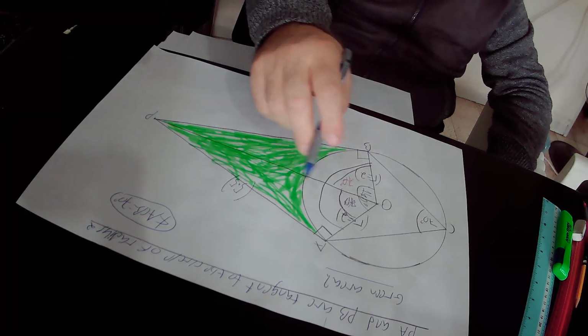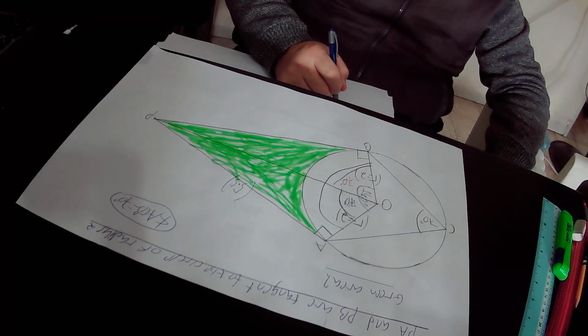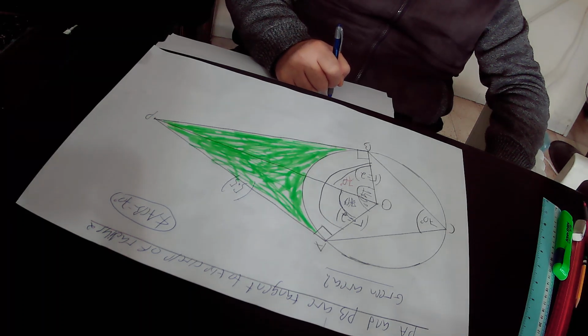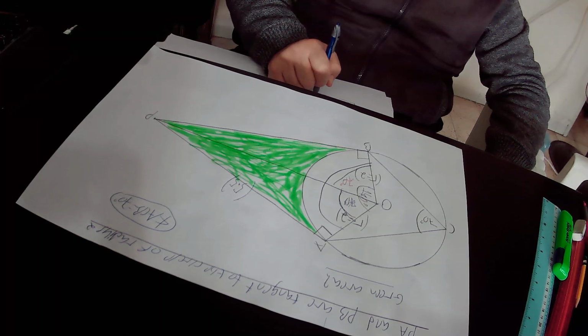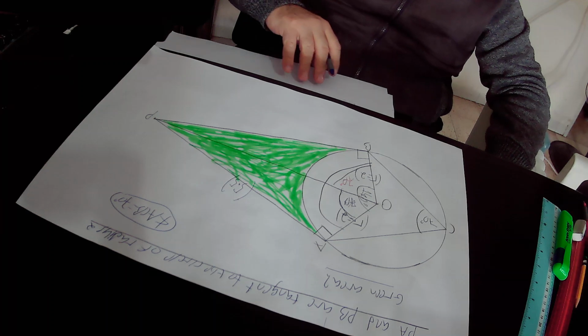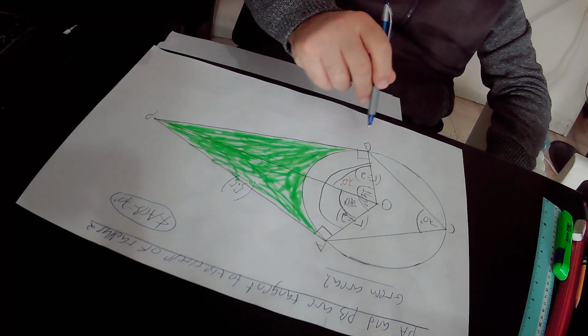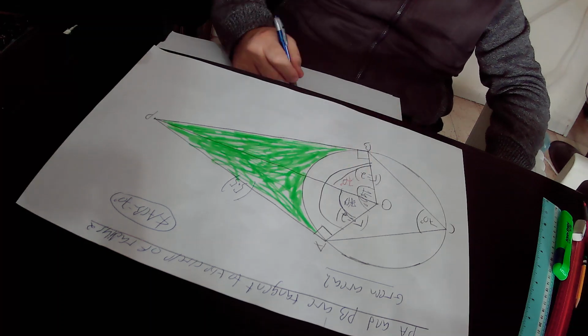So what is the area of the green shape? The area of the green shape is equal to the area of this quadrilateral AOBP, that is 11 square units, minus the area of this sector AOB, that is 4.888 square units.